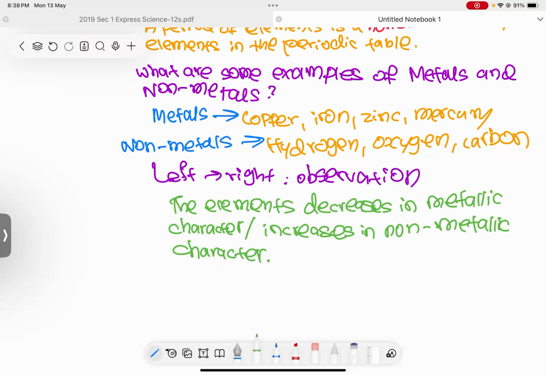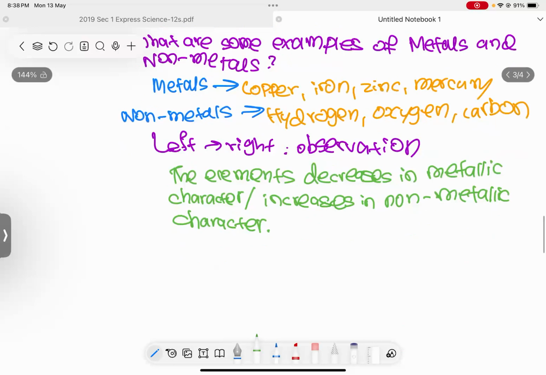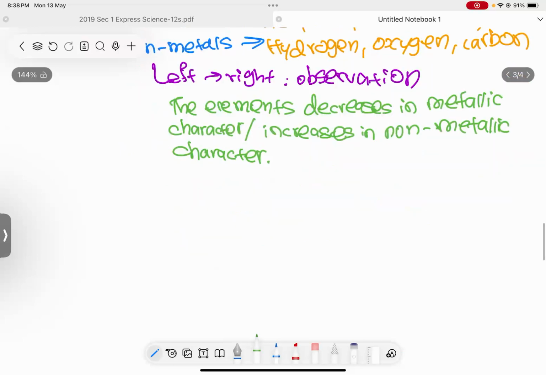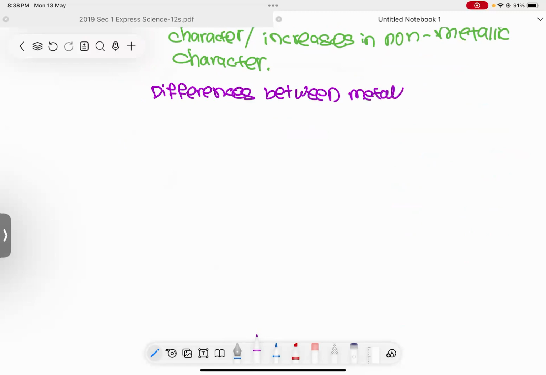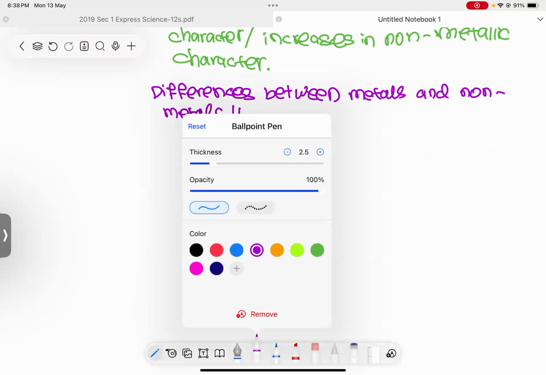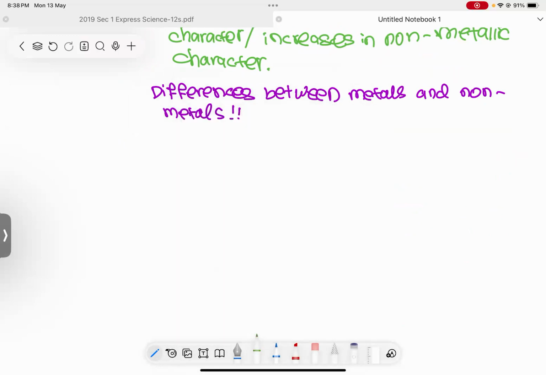Now, a very important thing: differences between metals and non-metals. This is very important because this is always tested in the exam. I'm going to make a table.